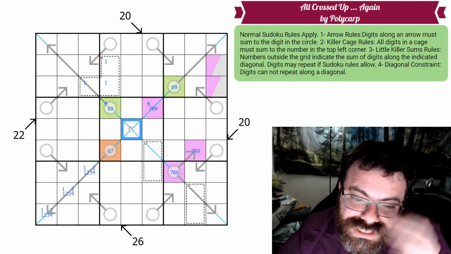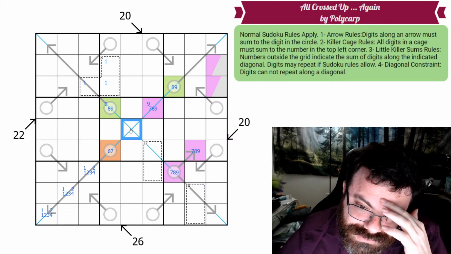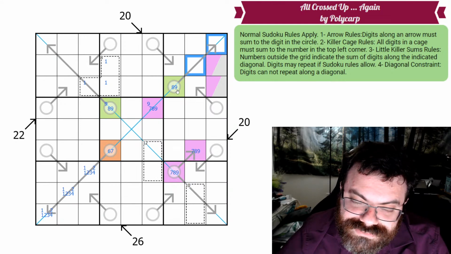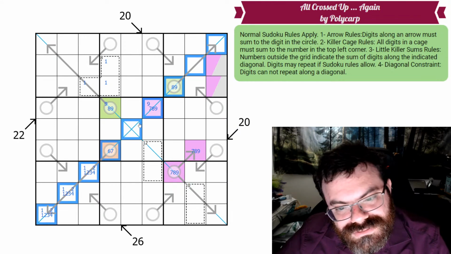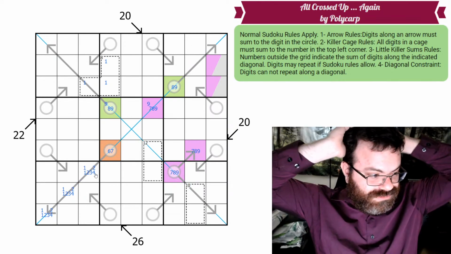The center were 6. Wait, does that work? Yeah, this would be 3, 5, 8, 9, 6, 7, 1, 2, 4. It just finishes most of the diagonal.